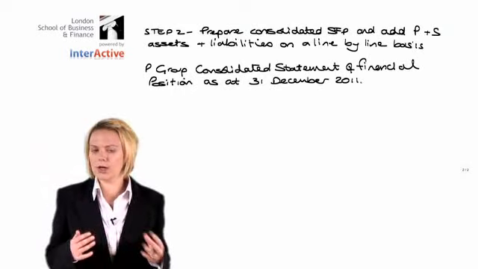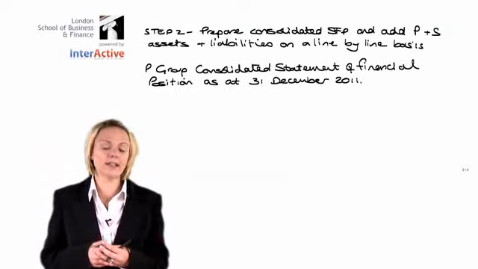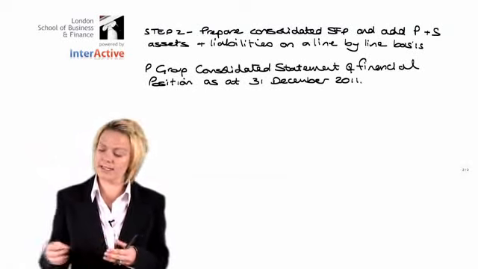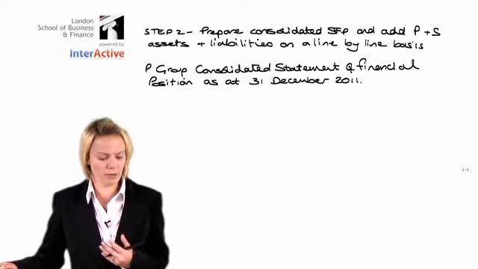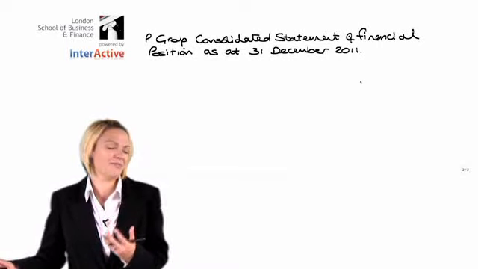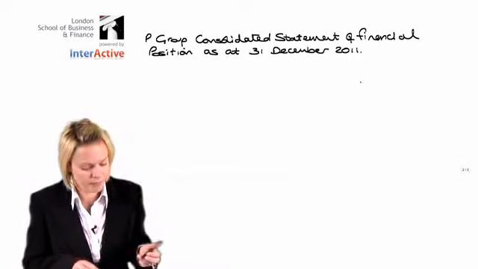Okay. So we're going to do a nice heading for the statement of financial position, and we're going to write this up ourselves. You should be fairly familiar with the format, but in the question they give you the format anyway. So it's just a case of copying, really.